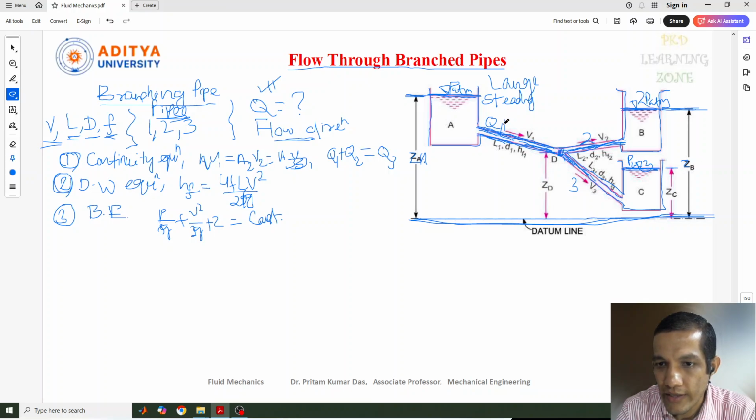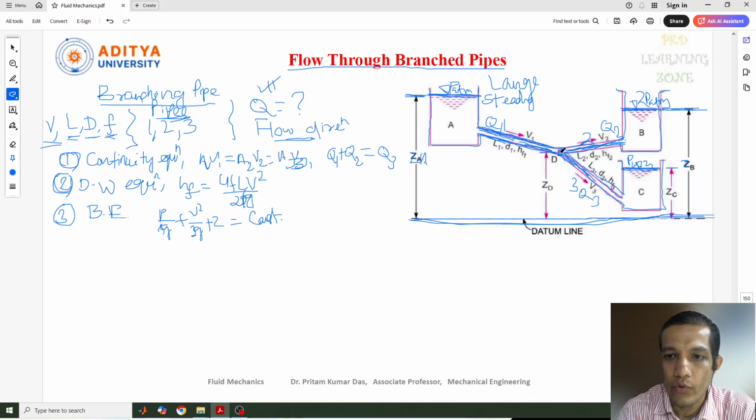So Q1 and Q2 are there, and this is Q3. So we can say Q1 plus Q2 equals Q3. Okay. Now what I need to find out is each discharge value: from container 1 at A to D, what value is coming, and from container B to D, and from D to C, finally what is there.